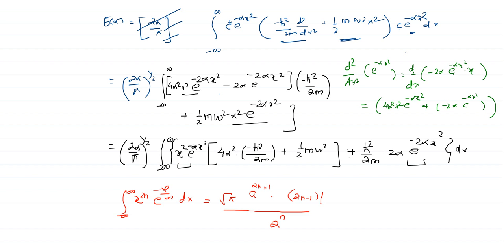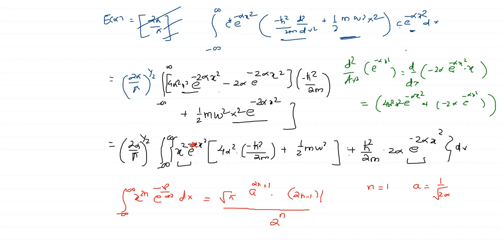Now we can compare. We know n is equal to 1 and a square is equal to 2 alpha, right? Since everywhere there was 2 alpha, n is equal to 1 and a square is equal to 1 upon 2 alpha. Comparing, we get n is equal to 1 and a square is equal to 1 upon 2 alpha, or a is equal to 1 upon root 2 alpha. For this integral, we will substitute these two values in this formula and we will have the answer.